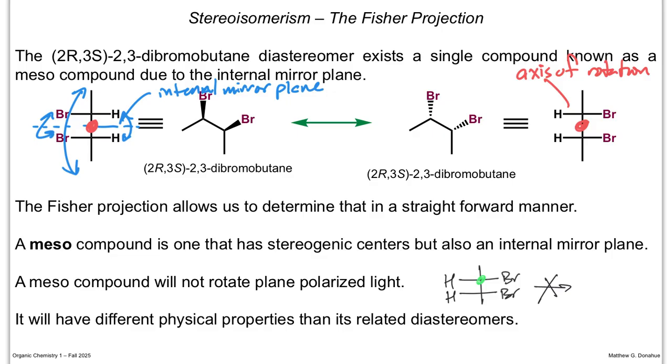So you're not allowed to rotate one carbon because then again you're changing the configuration. So that sort of local thing is not allowed.